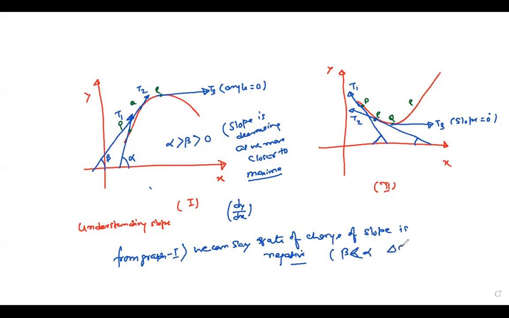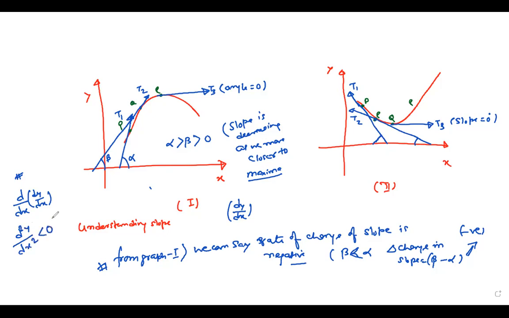So how much will the change in slope be? Change in slope means final angle minus initial angle, and this will be a negative number. So when we say rate of change of slope, you may write d by dx of slope. Slope is dy by dx. So in short, we can write d2y by dx square is negative.